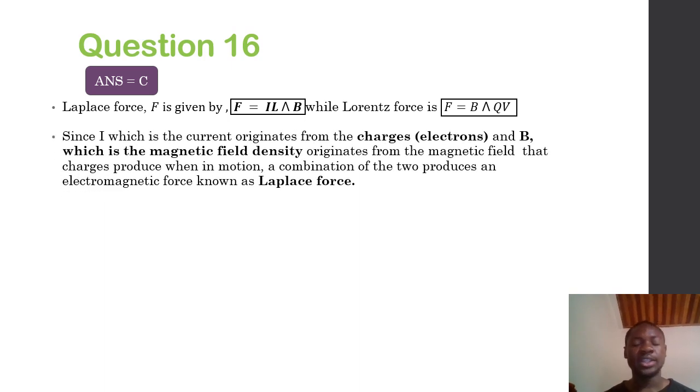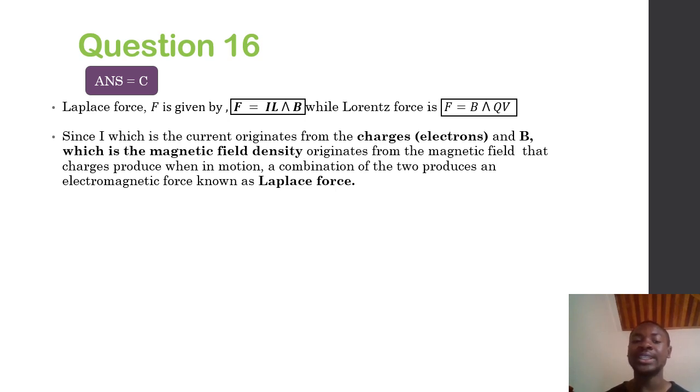Since I, the current, originates from the charges (electrons), and B, the magnetic field density, originates from the magnetic field that charges in motion produce, a combination of the two produces an electromagnetic force known as Laplace force.